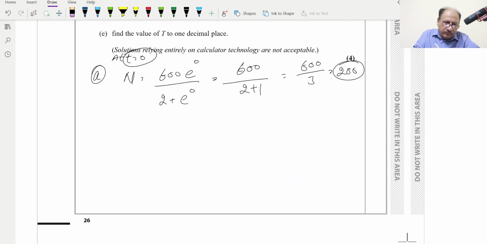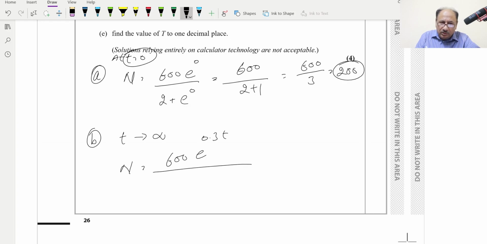So for part b, when t tends to infinity, n will be equal to 600 e raised to the power 0.3t over, from the denominator, we take e raised to the power 0.3t common, and inside will be 2 over e raised to the power 0.3t plus 1.